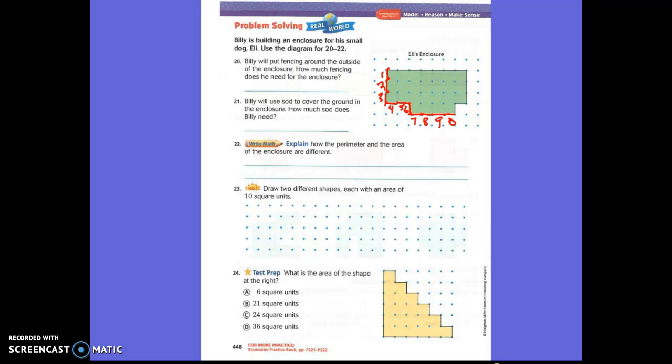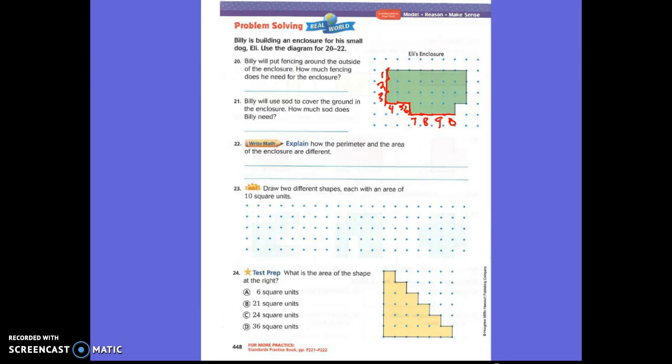Now, 21 says, Billy used the sod to cover the ground. He's covering the entire ground inside the enclosure. So it means all the stuff on the inside, like all the green. He's covering all that with green.